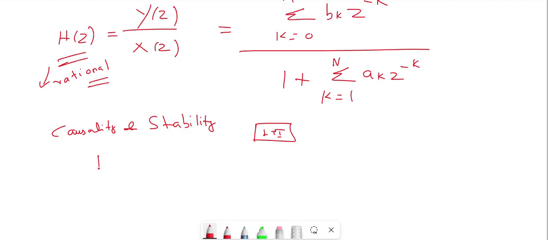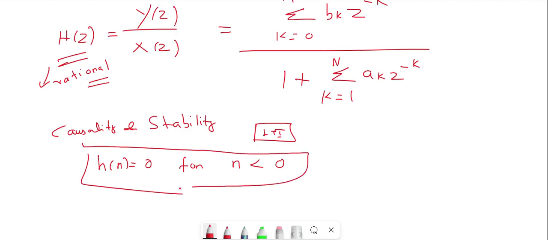So h of n is equal to 0 for n less than 0. This is causality.